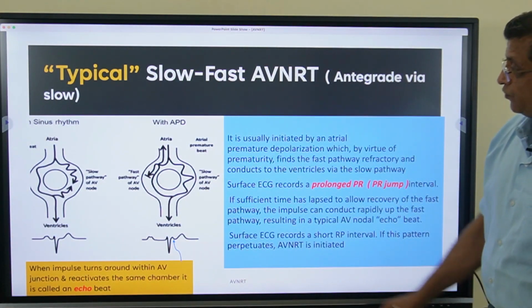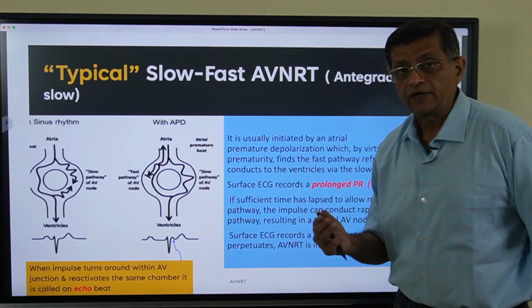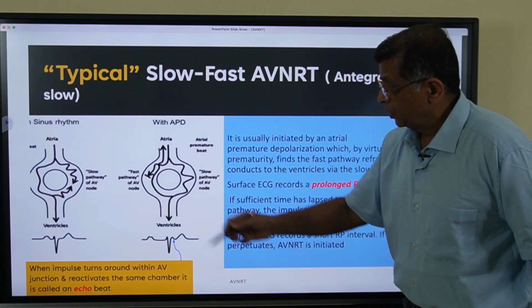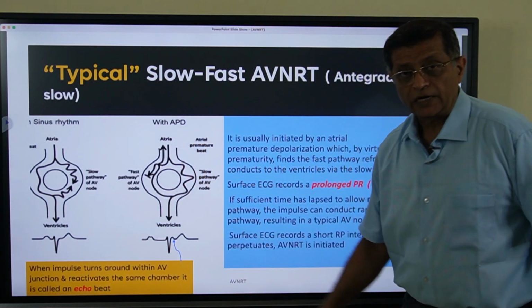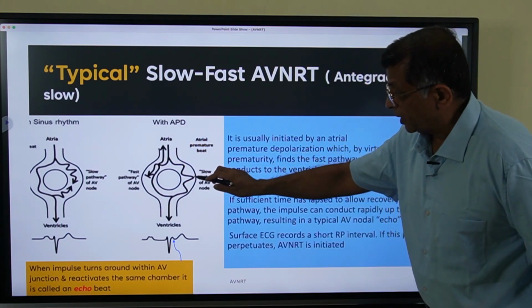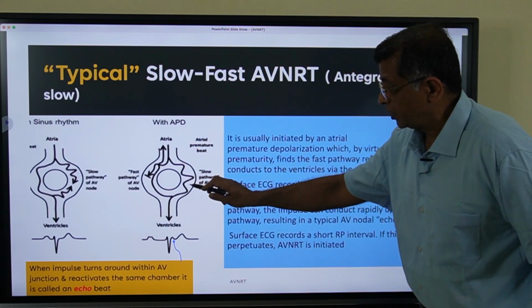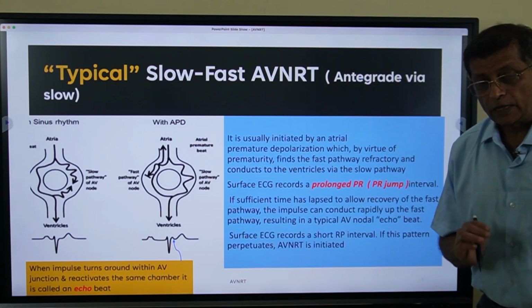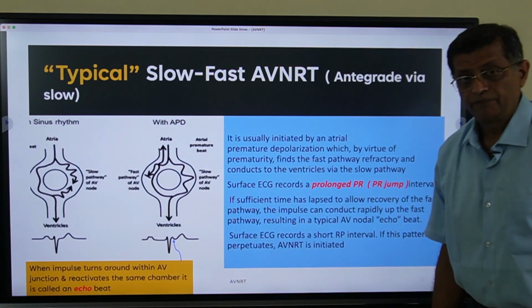What happens if this impulse comes before time? That is called an atrial premature contraction. At that time the fast pathway is refractory. So the current now goes through the slow pathway to the ventricles. Because it goes through the slow pathway, it takes more time. That is why the PR interval is prolonged.